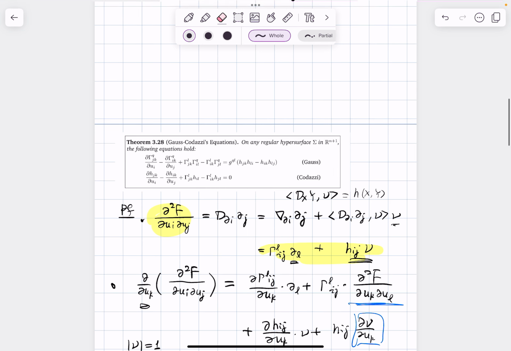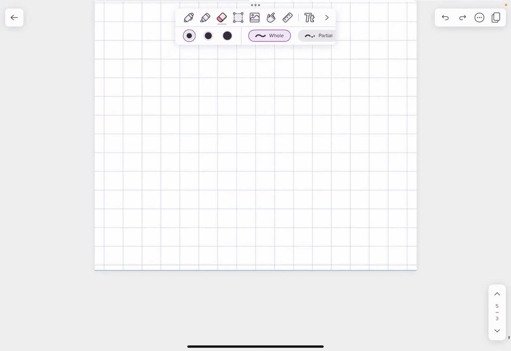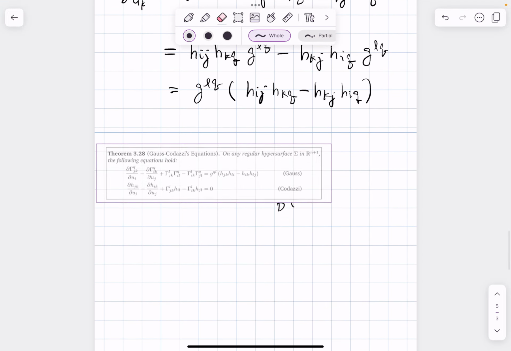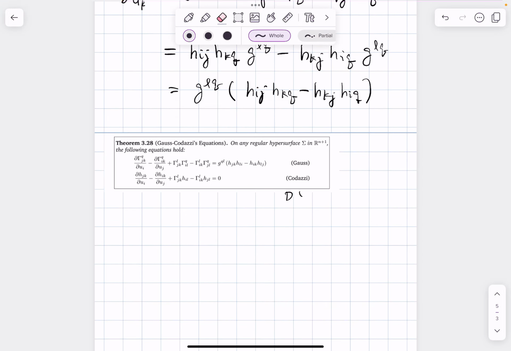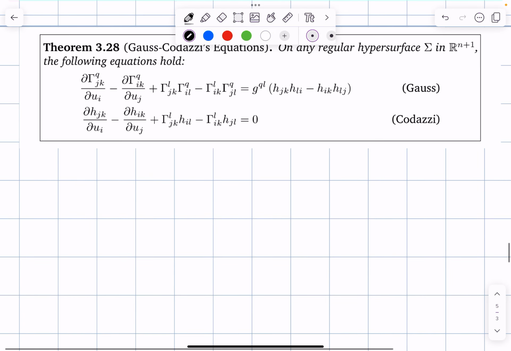Now we're going to show that K is intrinsic. So you can see that, as we talked about earlier, you multiply by G_ql on both sides, and its inverse, right?